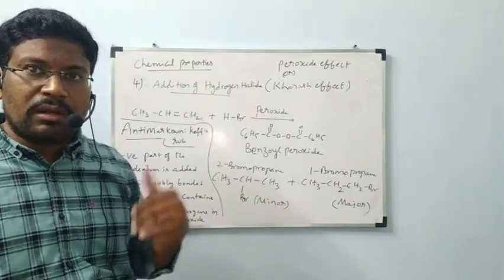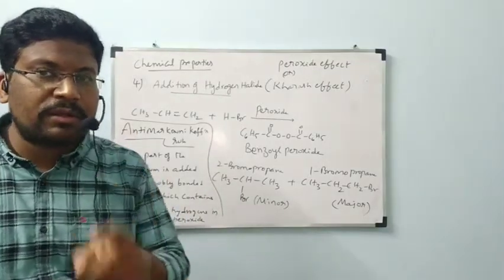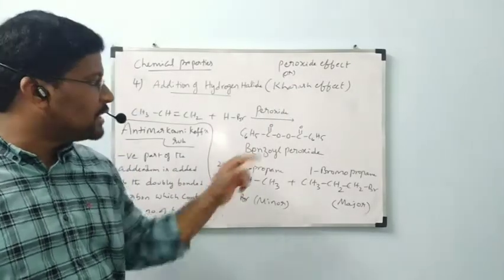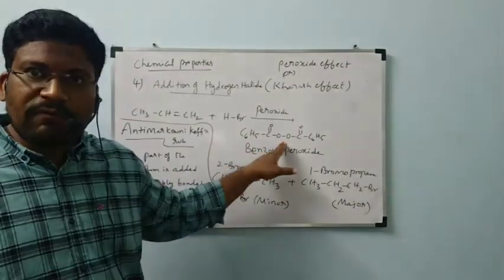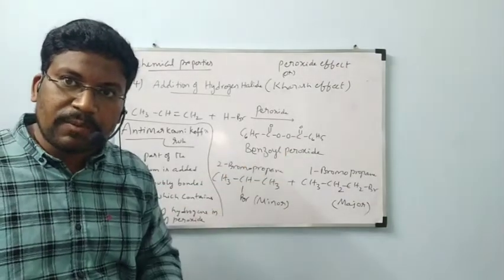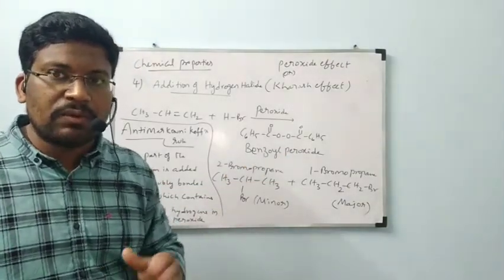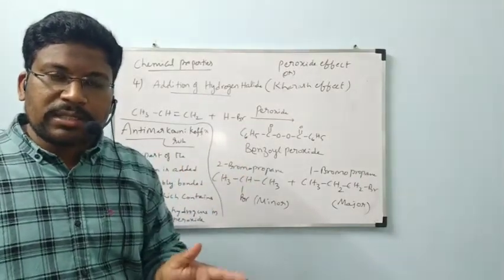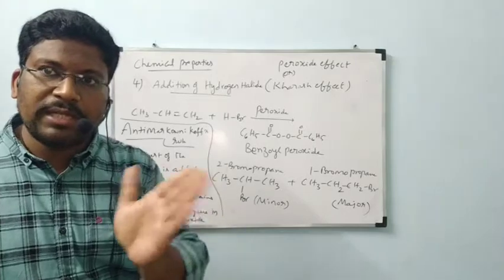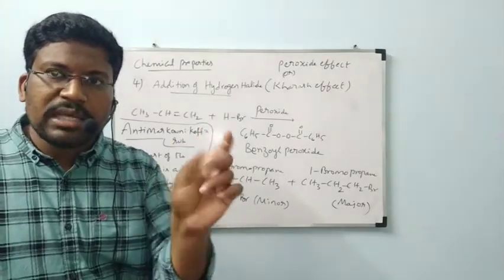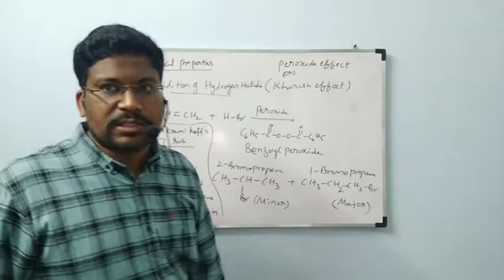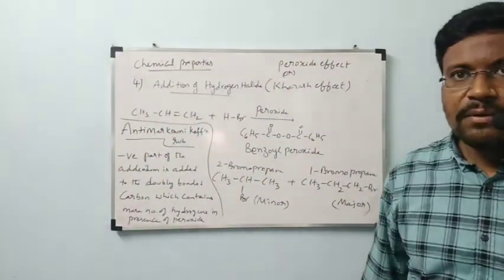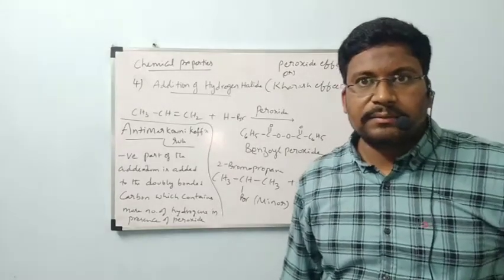Exactly reverse to Markovnikov's rule. We have to observe that peroxide must definitely be there. Peroxide means an O-O single bond must be present in the compound. H2O2, HO-OH, sodium peroxide NaO-ONa: like that, compounds with an O-O single bond are called peroxides.